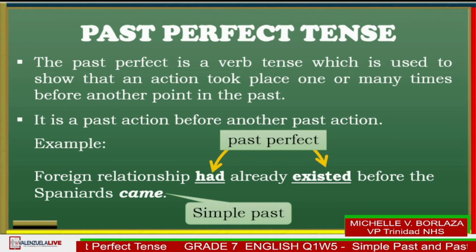For example, in the sentence, foreign relationship had already existed before the Spaniards came. In this sentence, we have two past actions. Had existed is our past perfect tense because it is the action that happened before another action which is came in the simple past tense.